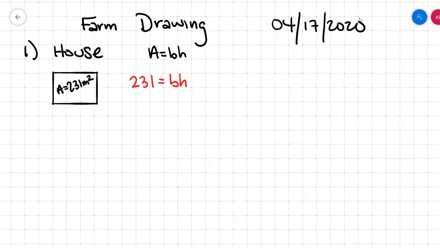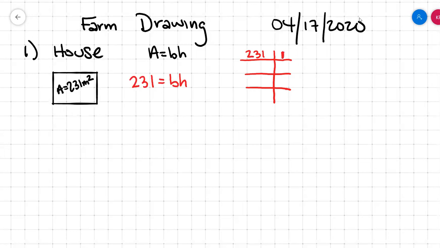Well, it's pretty simple, because since the base and the height are just multiplied by each other to get 231, we can easily just list the factors of 231 to get B and H. So I'm going to tell you right now, there's 4 sets of factors total for this number. So that'll make it easier for us.